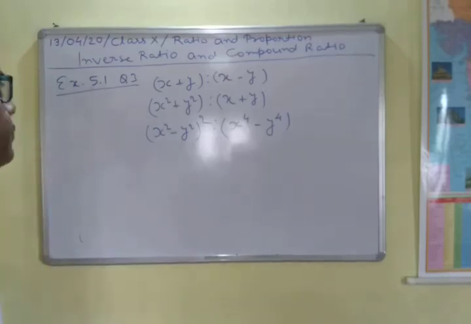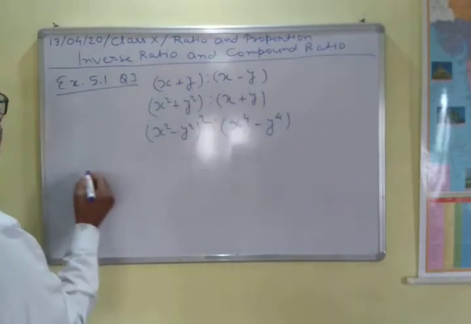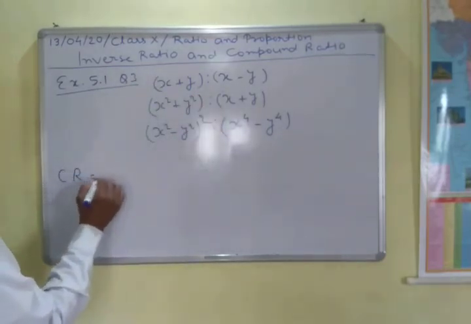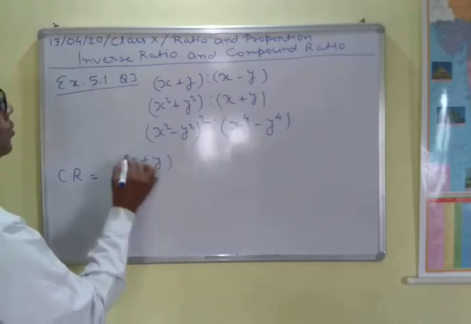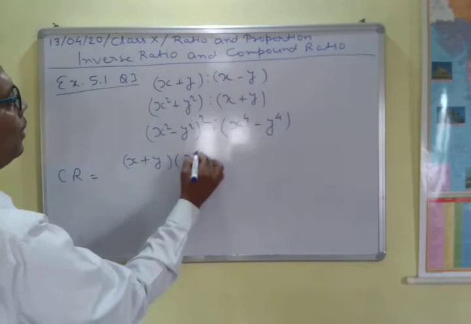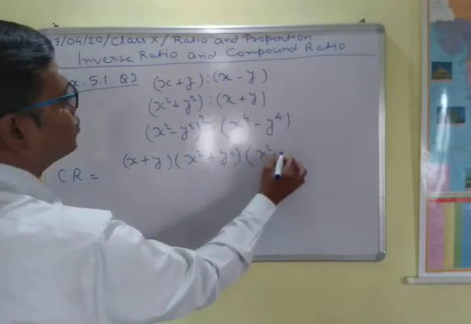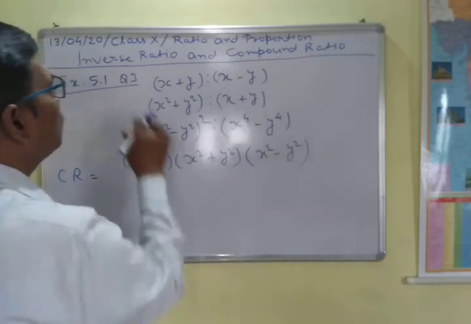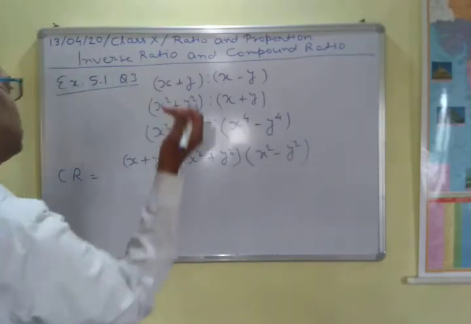So let us find out. First of all, just multiply these, that is CR equal to, simply, and write in fraction form. It will be easier. x plus y, then x square plus y square and x square minus y square. That is the first term of all these three ratios, that is the antecedents.